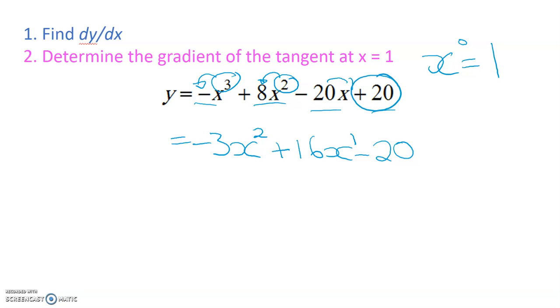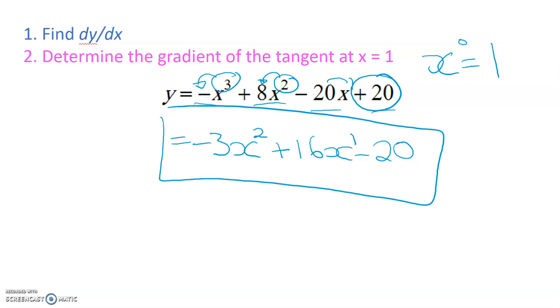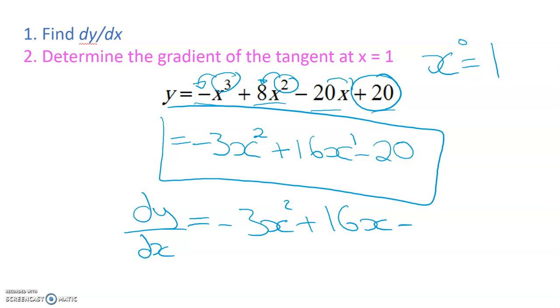And this term has no variable, so it's going to disappear completely. So this is your final answer, or dy dx, if you're going to write the full notation, is equal to negative 3x squared plus 16x minus 20.